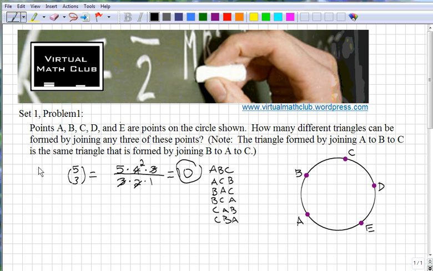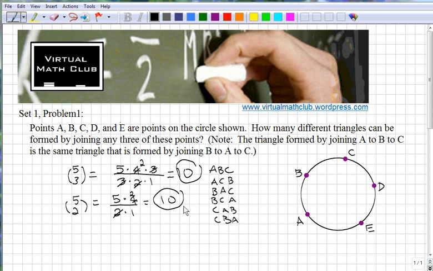So we could also compute the combination of 5 choose 2, which would be 5 choices for the first point, 4 for the second, and then we'd have to divide that by the number of ways to arrange the 2 points once we have them chosen. So we'd have 2 choices for the first in the arrangement and 1 choice for the second. And again, it gives you the same answer we got before, which is 10.